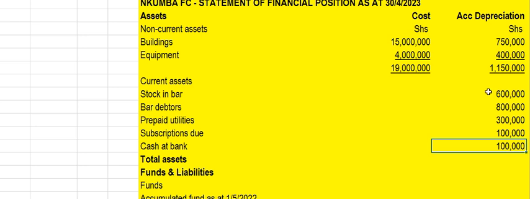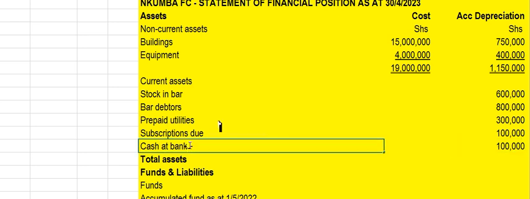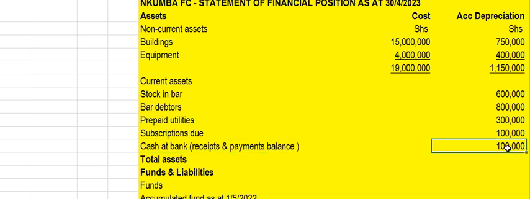I told you receipts and payments same as cash book. It's a current asset of 16,450. So what you have to do now is to get your total current assets figure.